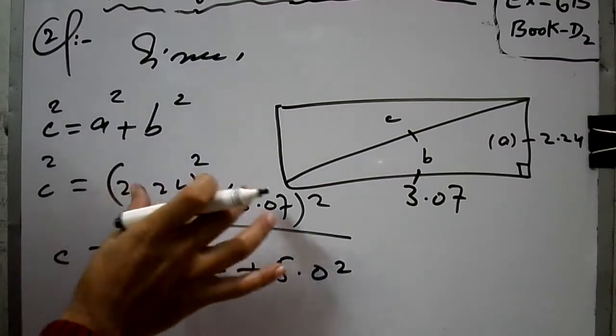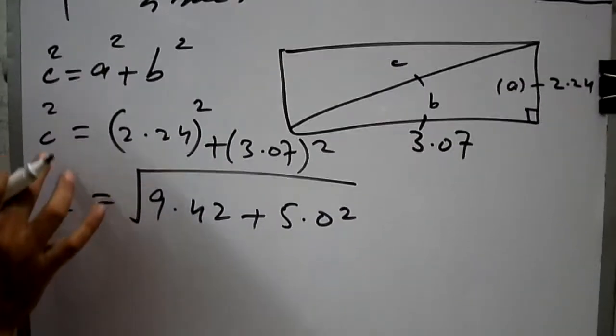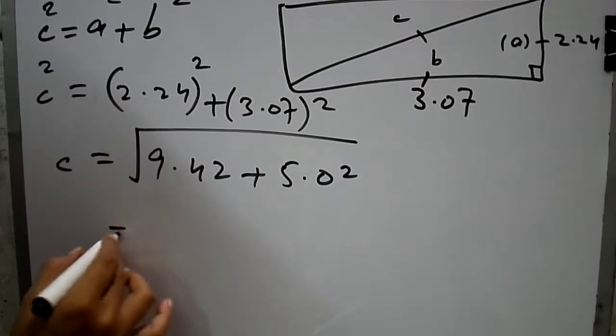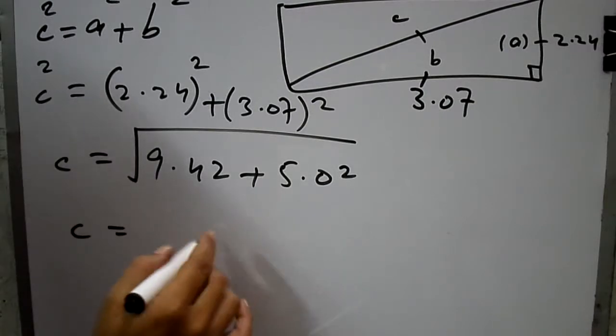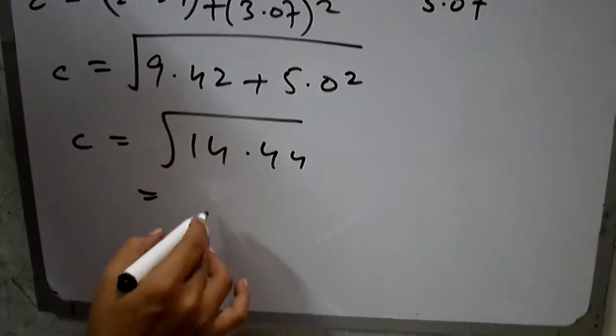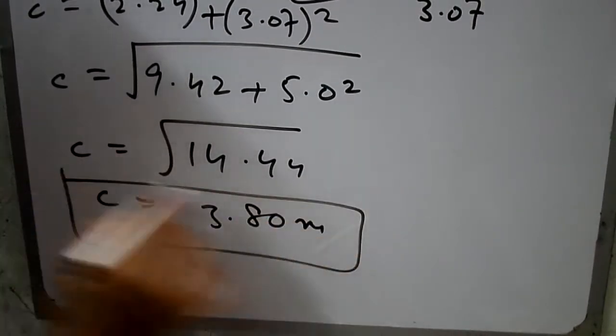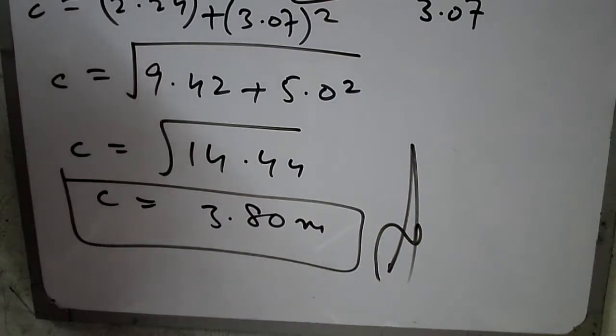We have simplified, and we have to find the value of C, not C square. So after addition, subtraction and taking the square root, you will get 3.80 meters. That is your result in question number 3.